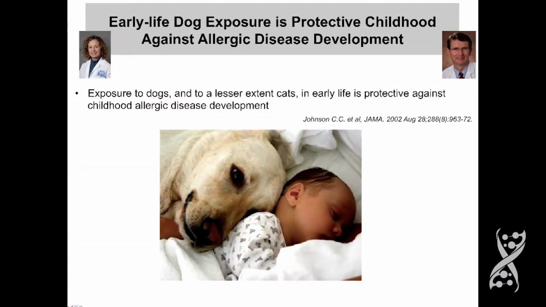Our colleagues at Henry Ford Hospital, Christine Cole-Johnson and Dennis Ownby, had made a really wonderful observation over 10 years ago now, published in JAMA, where they noted that infants who were exposed in very early life to dogs and to a lesser extent cats were protected against childhood allergic disease development. And so we postulated that this might be due to a distinct microbial exposure in these homes where children were at dichotomous risk for disease development.